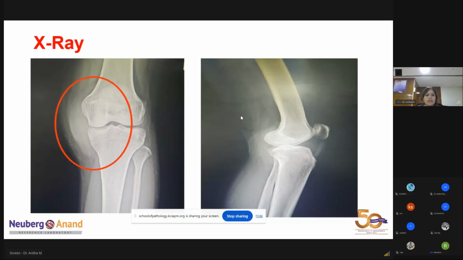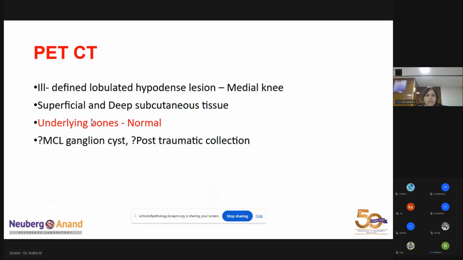Once the imaging was available, we saw a soft tissue lesion involving the medial and posterior aspect of the knee, as seen on the X-ray. PET-CT confirmed the soft tissue location of the tumor, further supporting our differential of extraskeletal myxoid chondrosarcoma. The underlying bones were absolutely normal with no involvement.